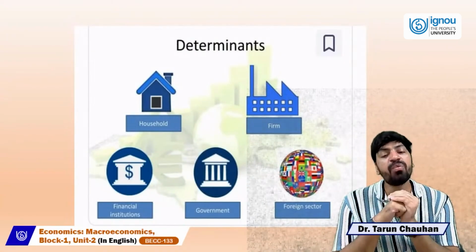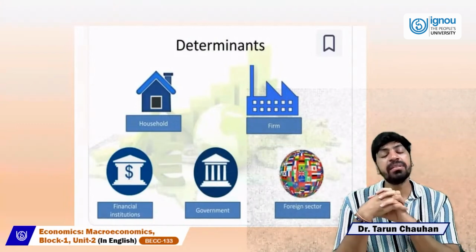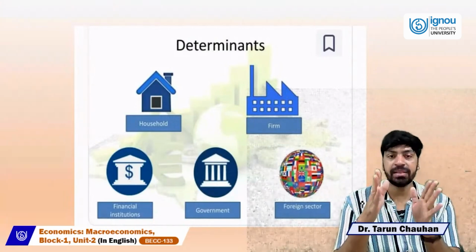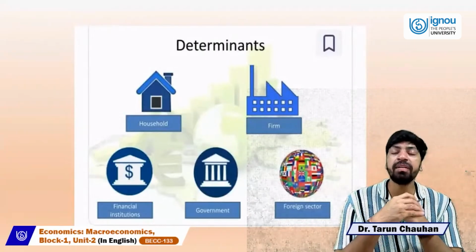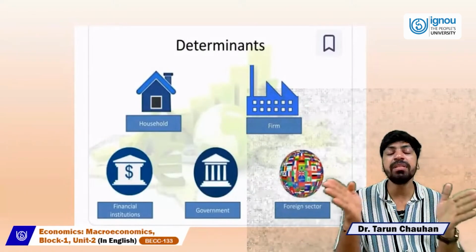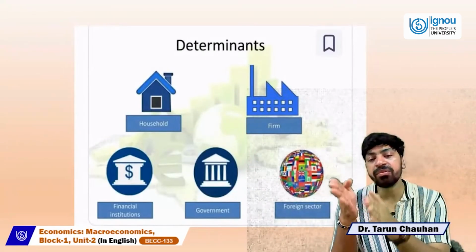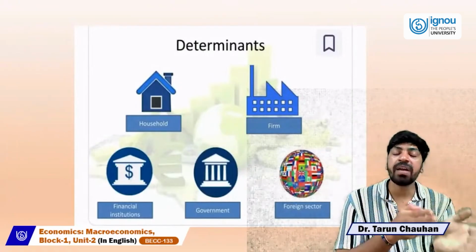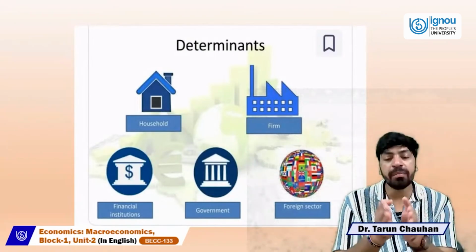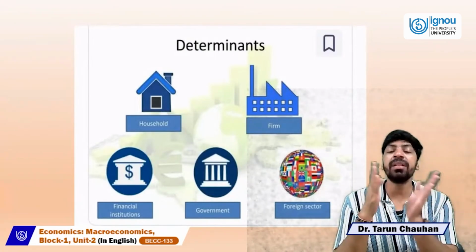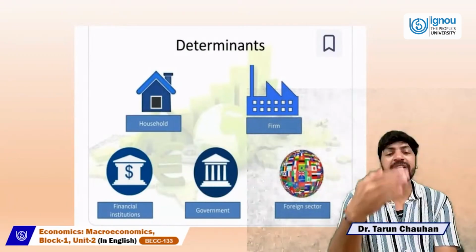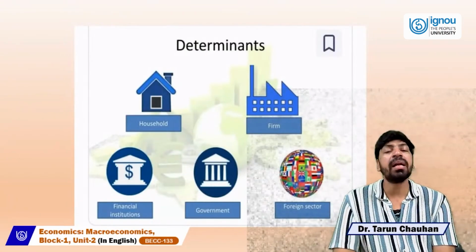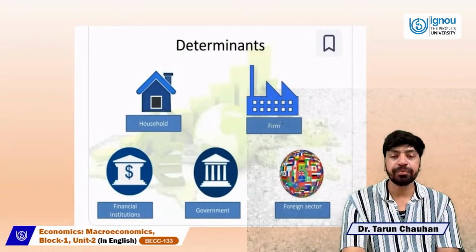The fourth is government, and the fifth is the foreign sector. These are the determinants of how income circulates between household and firm, firm and financial institution, and how the government relates to the foreign sector. So let's study each determinant under the circular flow of income.